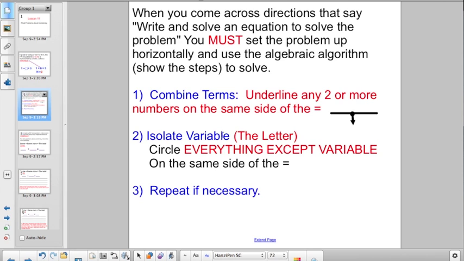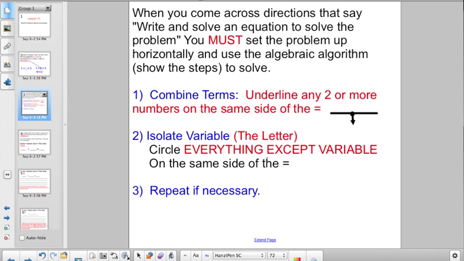Isolate the variable, meaning the letter. You want to get the letter isolated by himself on one side of the equal sign. Circle everything except the variable, everything except the letter on one side of the equal sign. Kick it over to the other side.